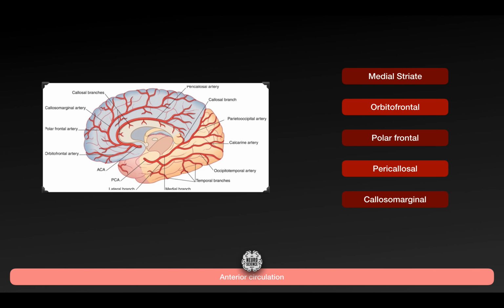So, key ones to note about ACA: medial striate, which is the anterior cerebral artery's penetrating branches, which supplies the caudate nucleus and the like, and a little bit variably of the anterior limb of the internal capsule. Your orbitofrontal branch here, your polar frontal branch, your pericallosal branch, and your callosomarginal branch.